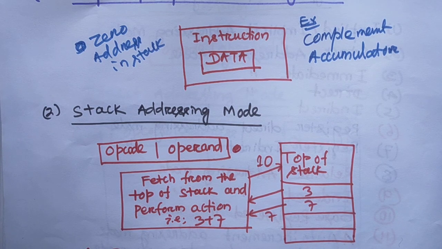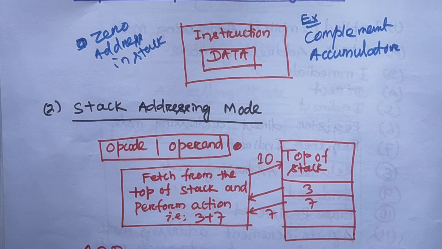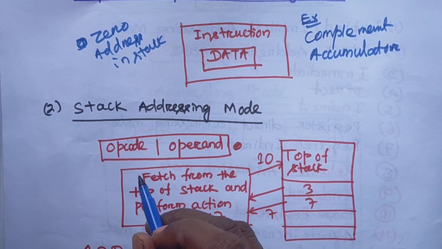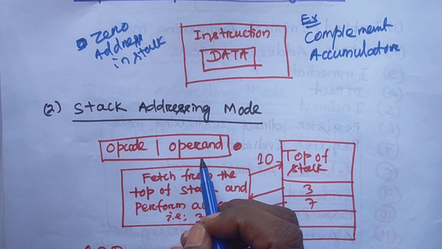Whenever it is operated on, that address or operand data also changes, and again another data is inserted. With push or pop operations on the stack, the same address holds different data, so the data does not have a fixed address. That kind of operation is used in the stack addressing mode. Suppose you see here the opcode part and the operand part.